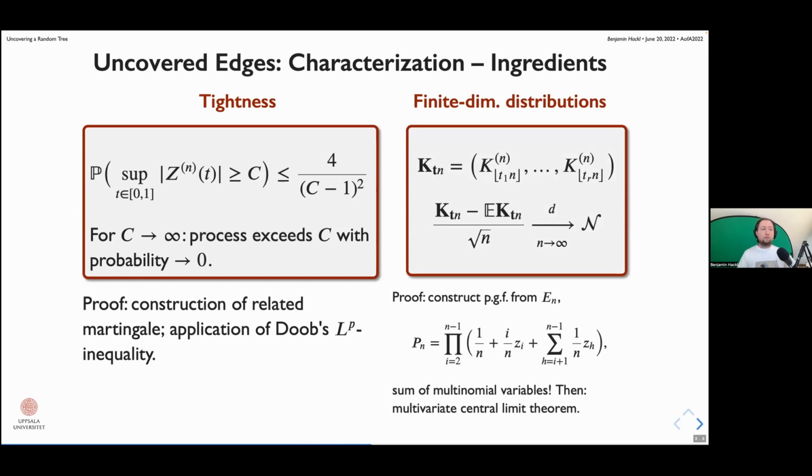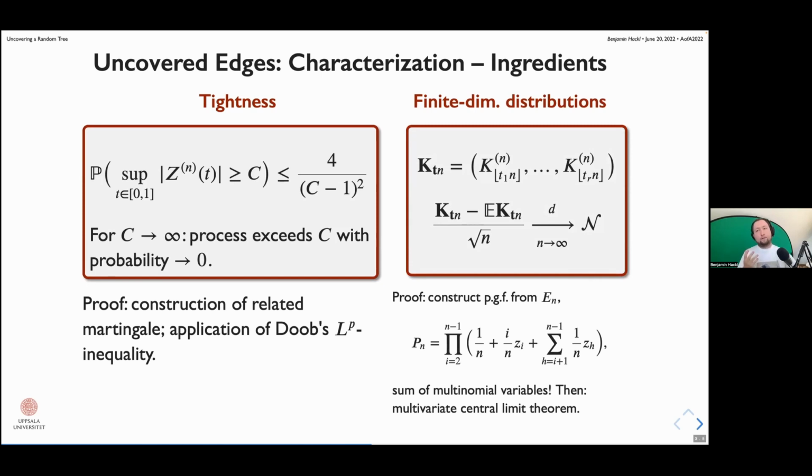And then we can use essentially, I'm skipping some technical stuff obviously, but we can use the multivariate central limit theorem to arrive at the conclusion that the variables that track the increments between these measurement points are asymptotically normally distributed.